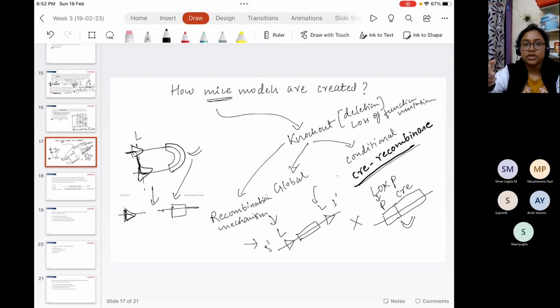Now, what is the possibility that all the stem cells get successfully transduced? You have to repeat experiments. It doesn't happen in one go. You have to do it again and again.